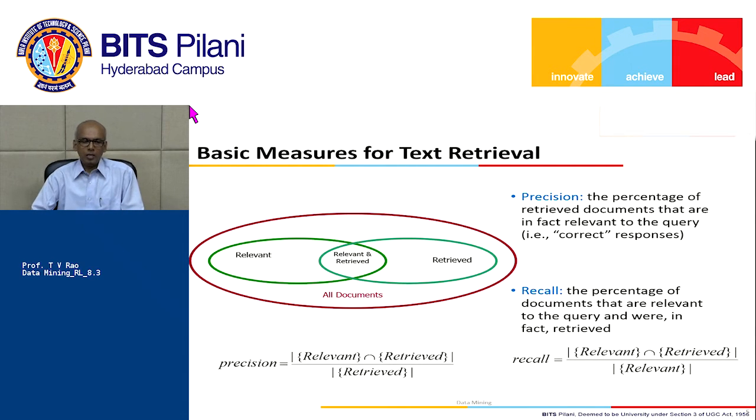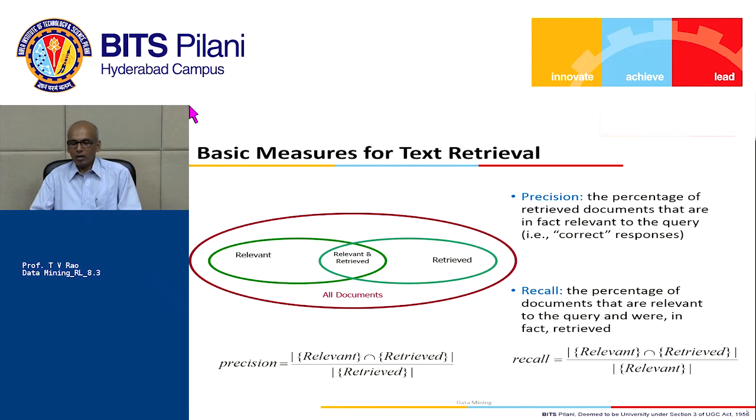The common measures used when working with text retrieval are, first, precision, which represents the percentage of the retrieved documents that are relevant for the query. If you have retrieved 100 documents through the process, and out of them only 70 happen to be relevant, then we say it has a 0.7 precision.